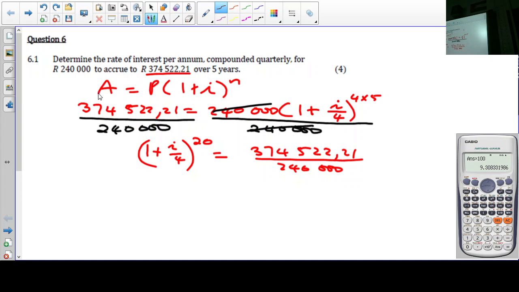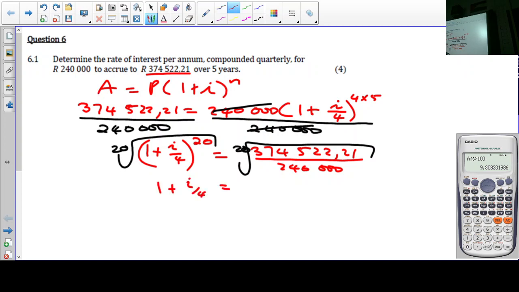The next step is to get rid of the 20, so I take the 20th root of both sides. So it's 1 plus I over 4 equals the 20th root of 374,522.21 over 240,000.